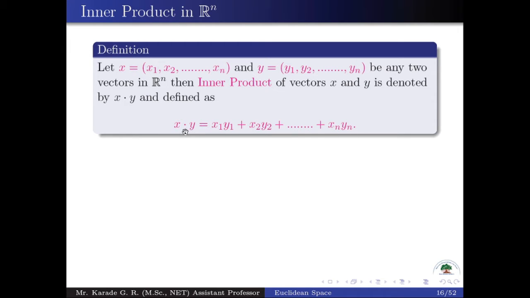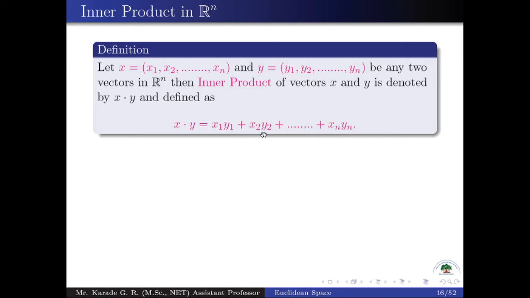So here the inner product of two vectors, vector x and vector y, is the addition of the products of the corresponding components of vector x and vector y. So the inner product contains n terms. The first term is the product of the first component of vector x and the first component of vector y.